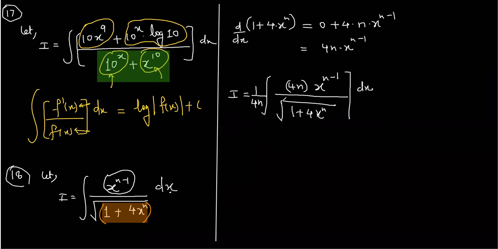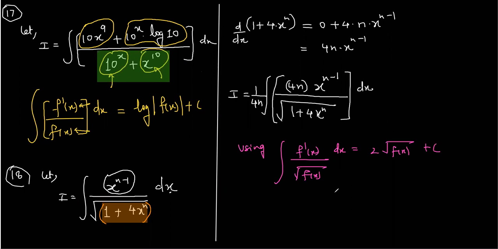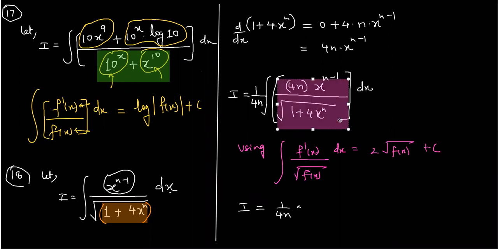Now what will I do? I will use the result: integral of f dash x upon square root of f of x dx equals 2 root f of x plus c. So what do you get as the answer? 1 upon 4n will remain as it is, and for this whole thing you use this result.